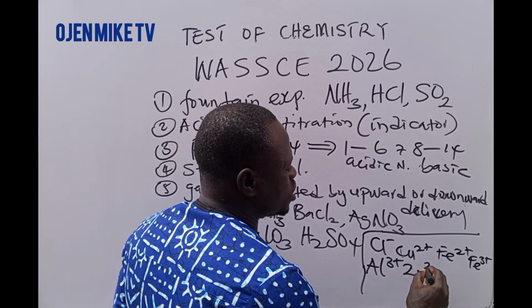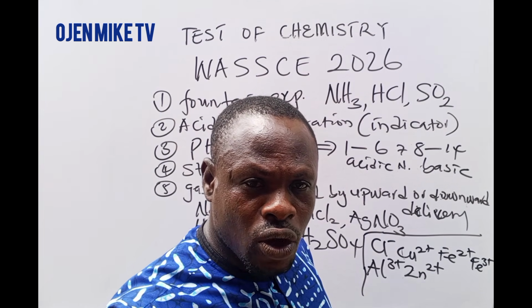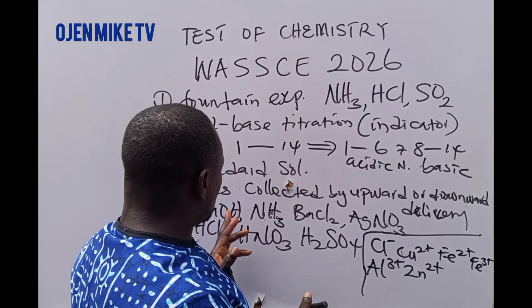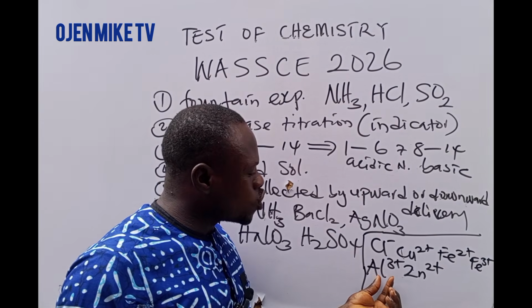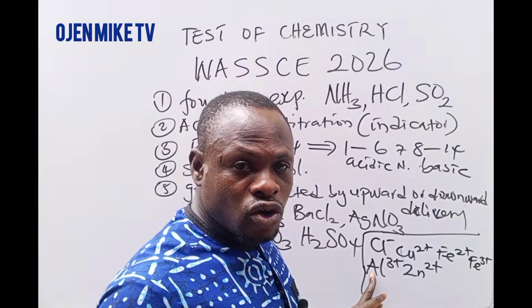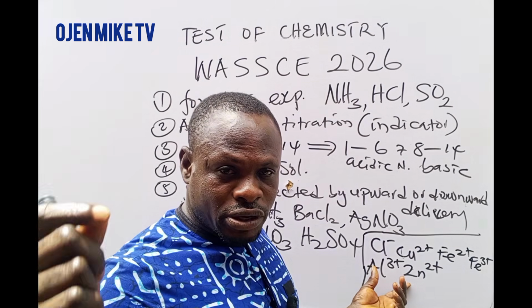We have zinc ion. Zinc ion and aluminum ion are amphoteric in nature. So the test mostly used is aqueous sodium hydroxide and ammonia. If you use aqueous sodium hydroxide on aluminum ion and zinc ion, both will form a white gelatinous precipitate.